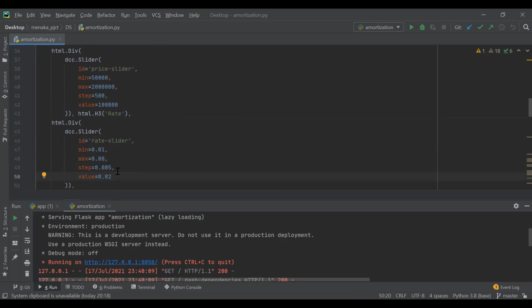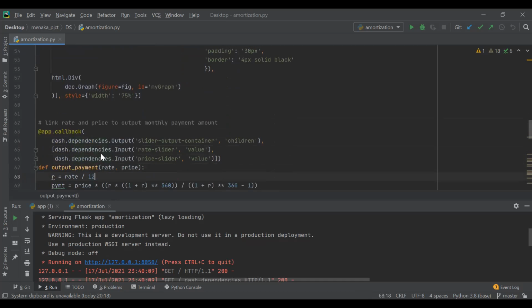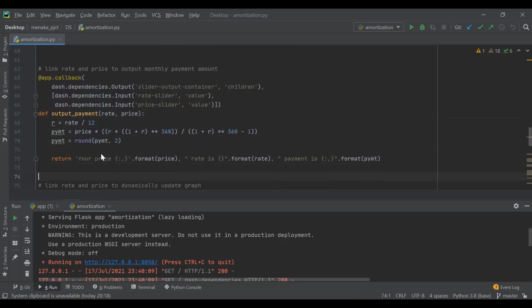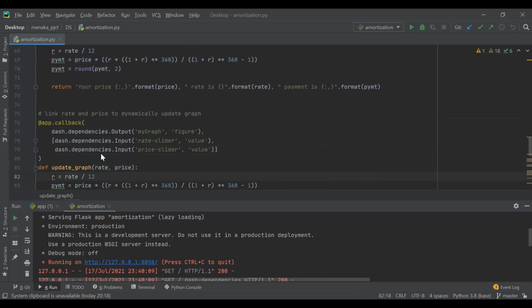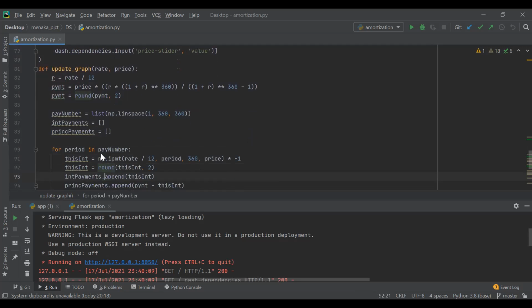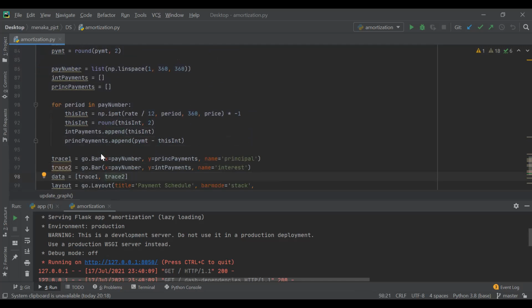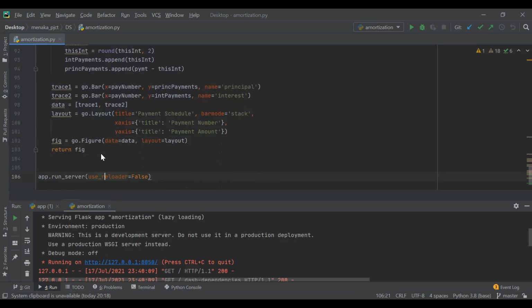In the rate slider, the interest rate I have given from 2% to 8% at the maximum. So with this, I display the principal amount and interest amount dynamically every month.